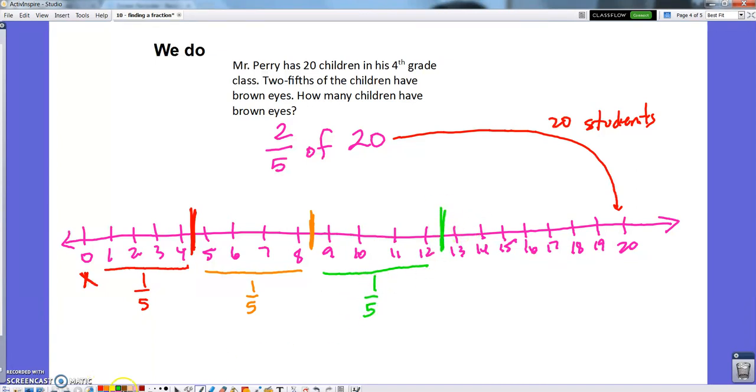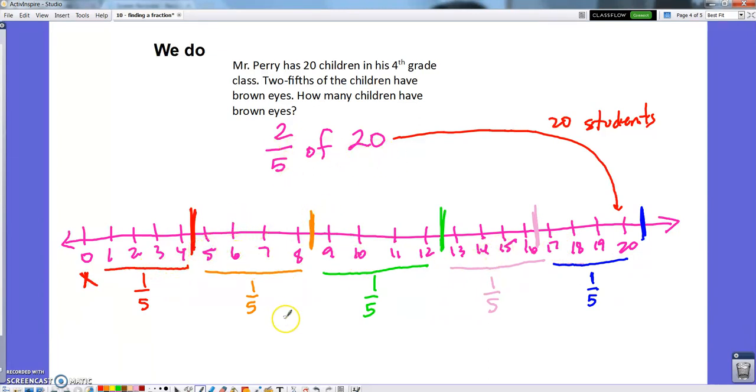Next 4 kids, 1, 2, 3, 4, are 1/5 of the class, and the last 4 kids are the last 5th of the class. It didn't change. So now I've got 5 fifths. Remember, if I'm going into fifths, there should be 5 groups. They should all have the same number in each group.